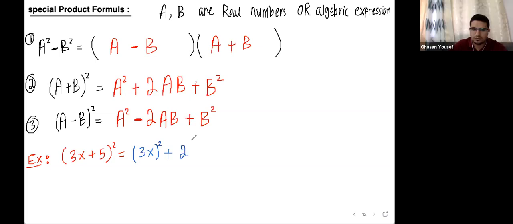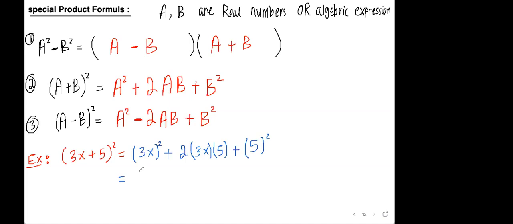Exactly. So 2 times the first term, 3x, times the second term, 5, and instead of b I put 5, so I get 5 everything squared. Now what do I get? 3x everything squared, I distribute the square inside the parentheses.